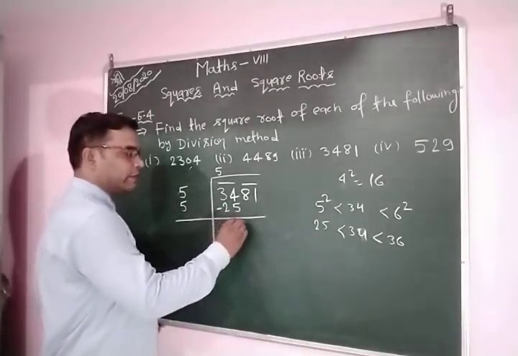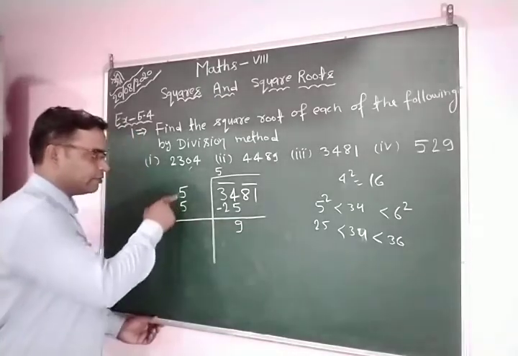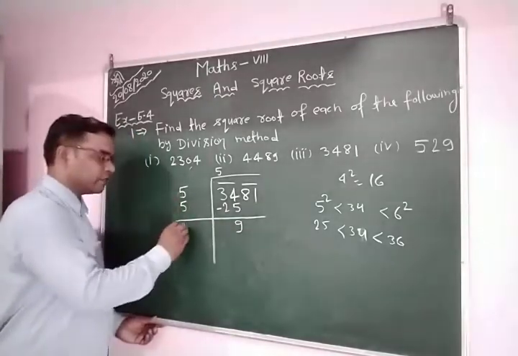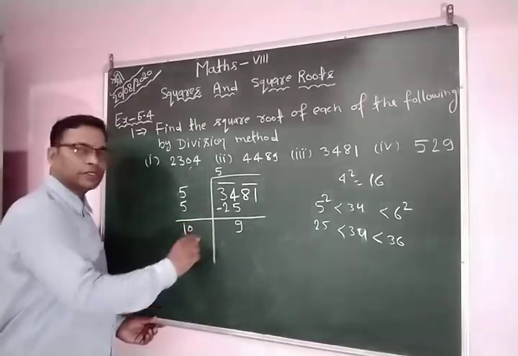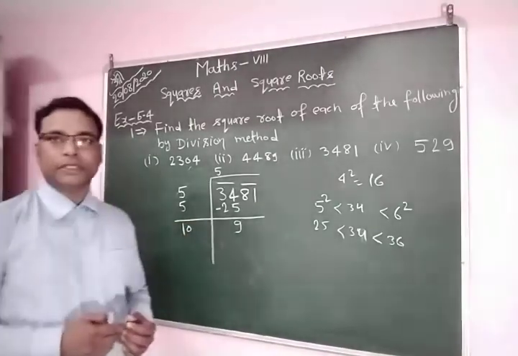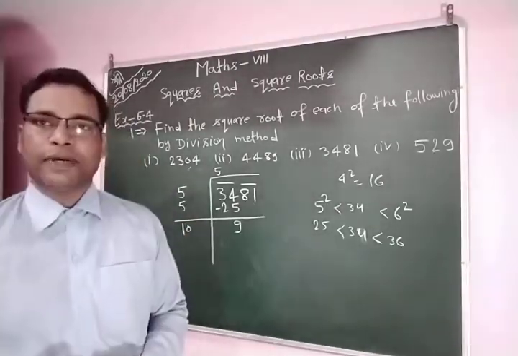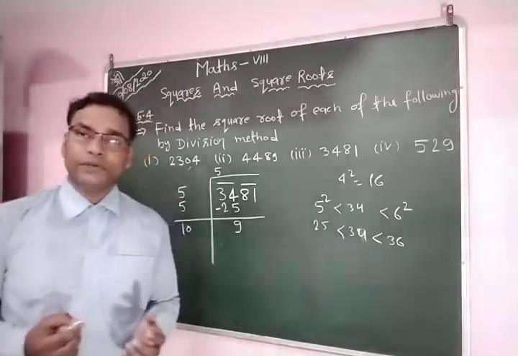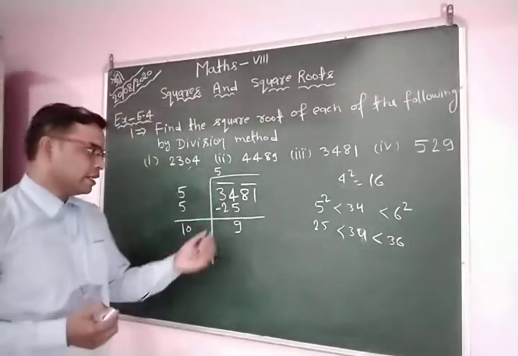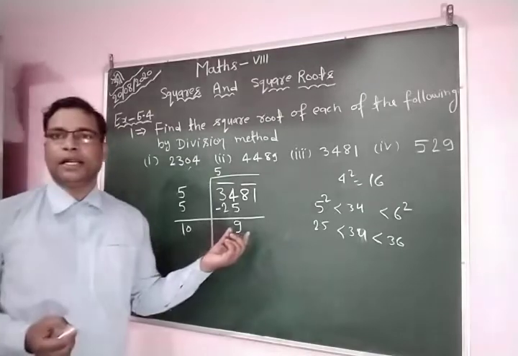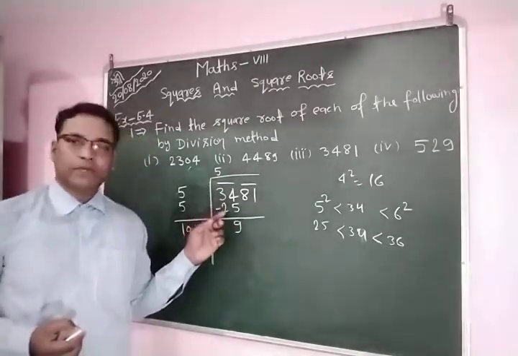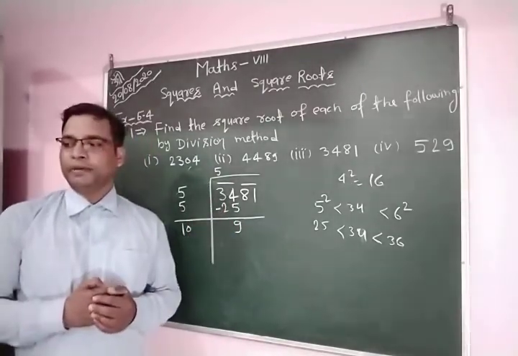And we add 5 plus 5, this is equal to 10, and we leave one blank space for a new digit. That's how we find the new divisor.